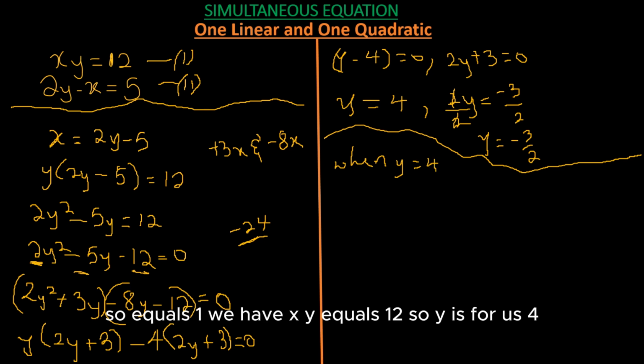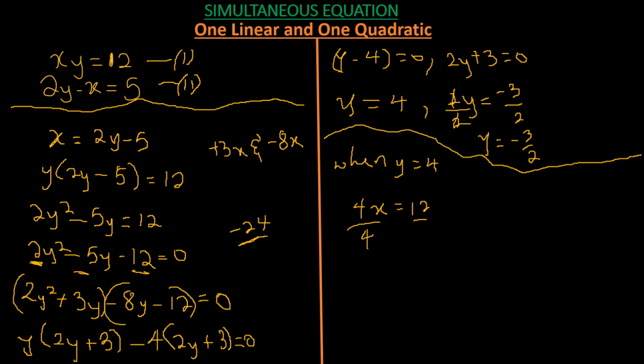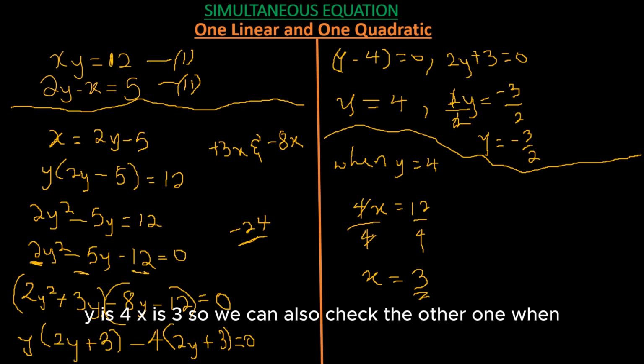So in equation 1 we have xy equals 12. So y is 4, that's 4x equals 12. So if we divide both sides by 4, then our x will be equal to 3. So when y is 4, x is 3.